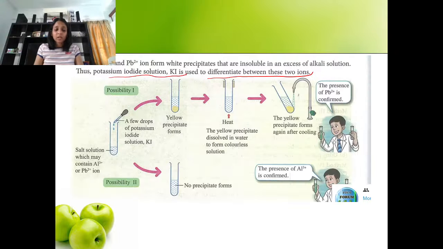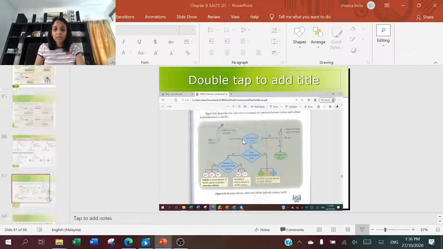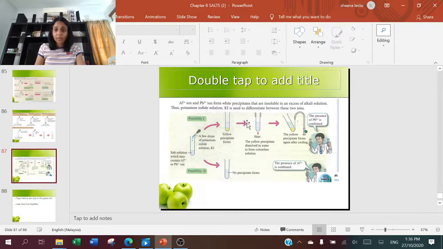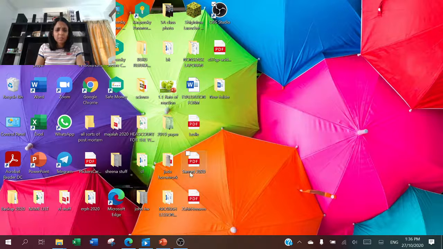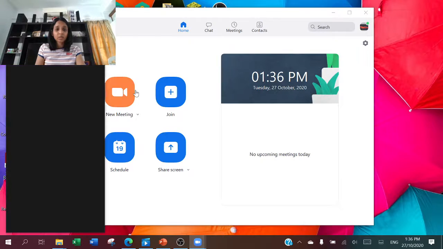Now teacher wants to go ahead and teach you something about your anion test, just a simple method to make sure that you understand how to do it.